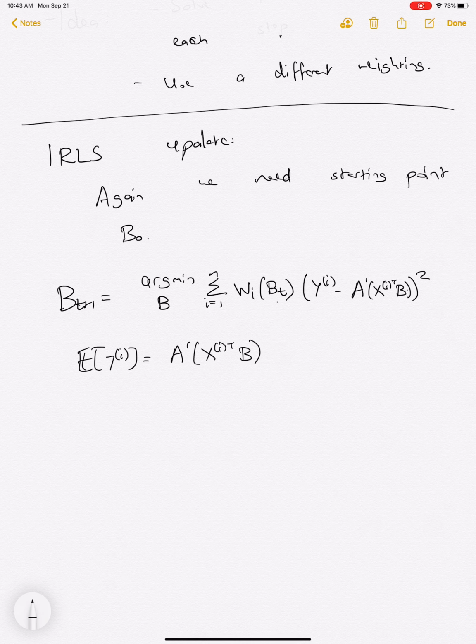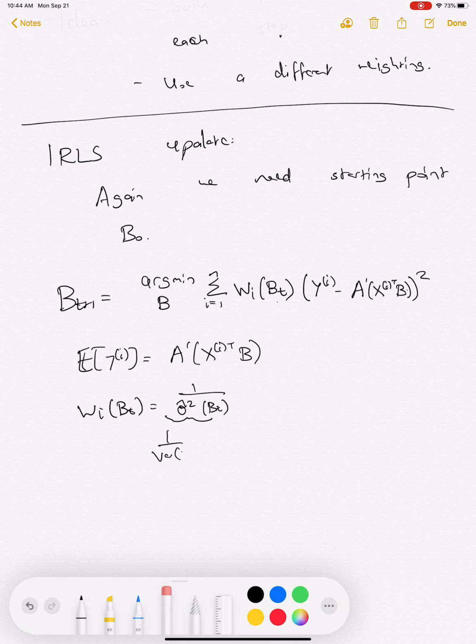And the weight that we use here is actually 1 over sigma hat squared of bt. So this is like 1 over the estimated variance.